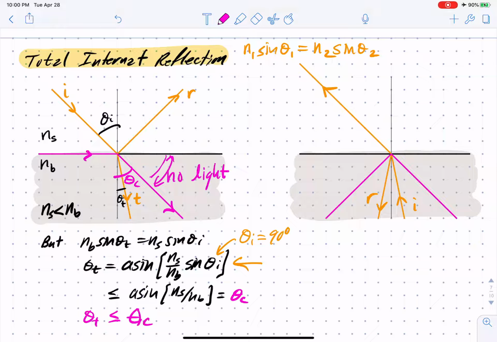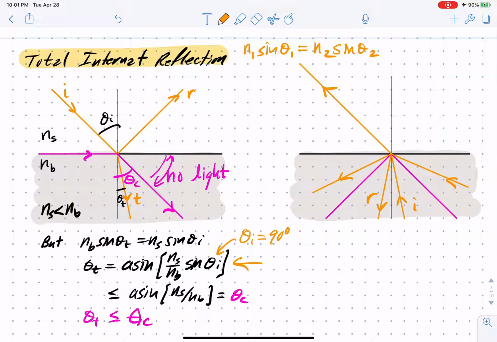What happens if we send in light backwards? Okay, so this is beyond that critical angle. I guess I should really do it on the other side. Okay, so we send light in here. Where does it go? Well, the reflected part is fine.